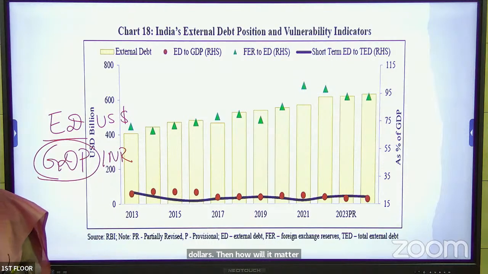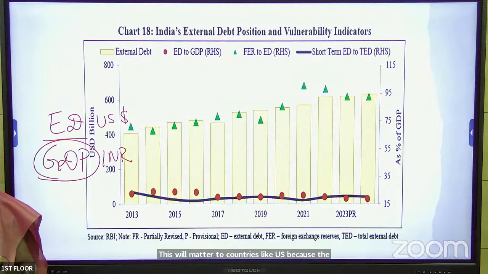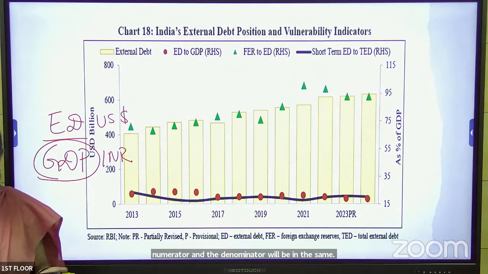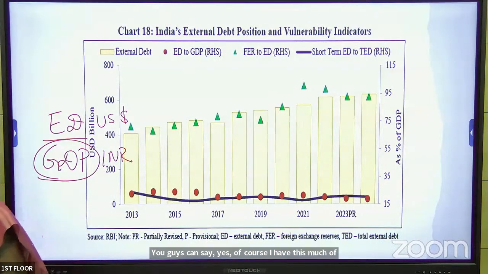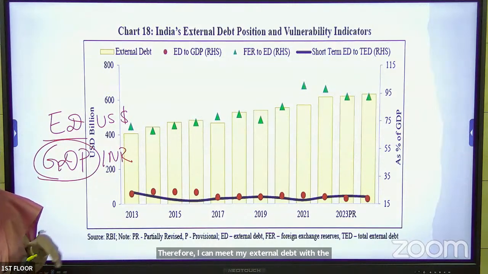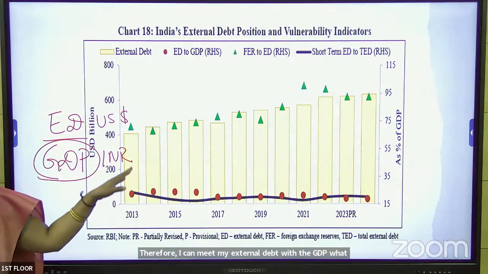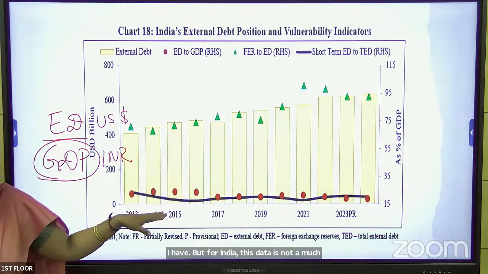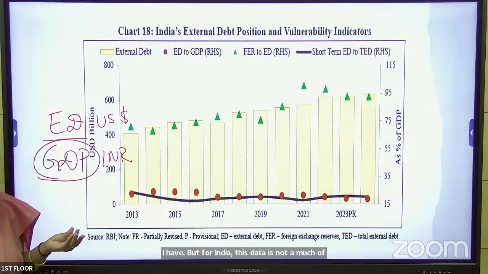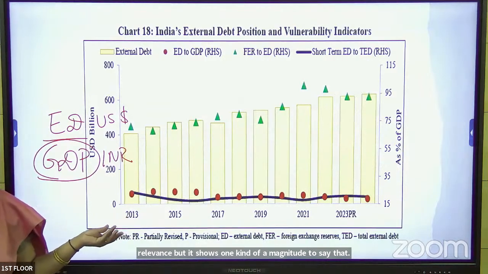This will matter to countries like the US because the numerator and the denominator will be in the same currency. The US can say, yes, of course, I have this much external debt, but my GDP is in dollars. Therefore, I can meet my external debt with the GDP I have. But for India, this data is not of much relevance, but it shows a kind of magnitude, to say that I have only very little external debt as a percentage of GDP.